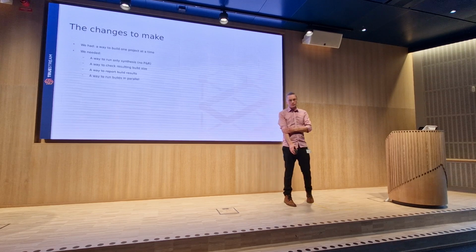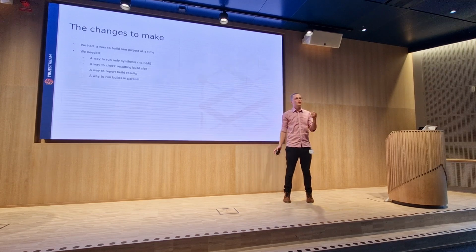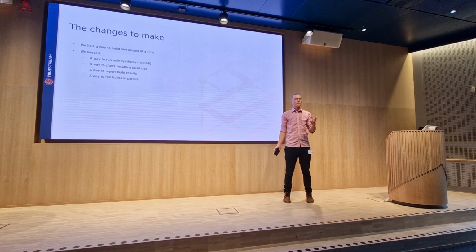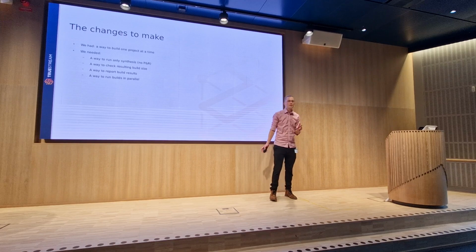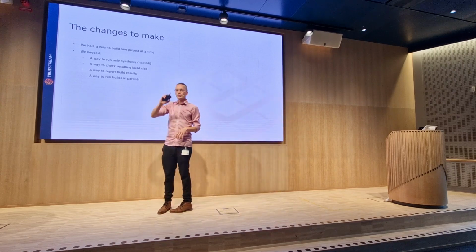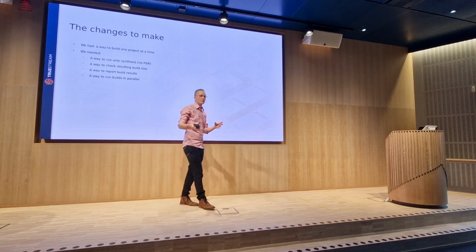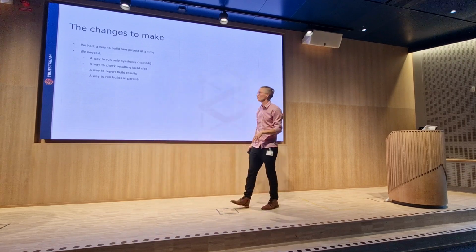As we have no way of doing this already, we figured that we will add it to TS-FPGA. We already have the code to run a VUnit project. There's just a few changes that we must make. We have a way to build one project at a time. I mean, the purpose was to build an FPGA binary and be done with it originally.